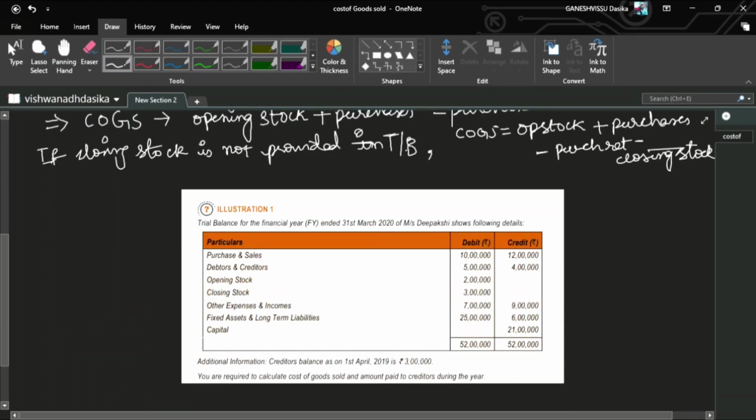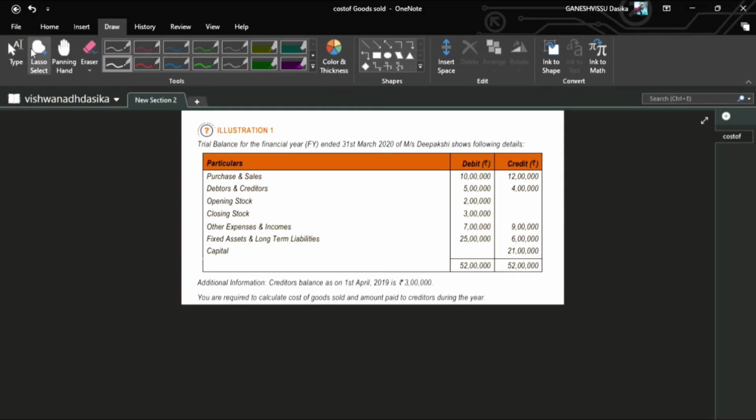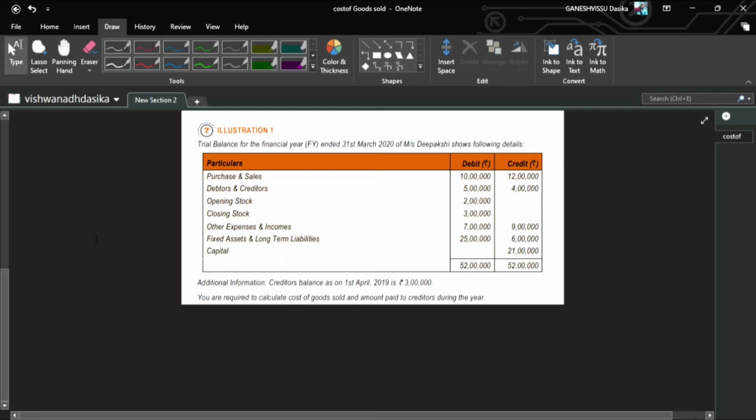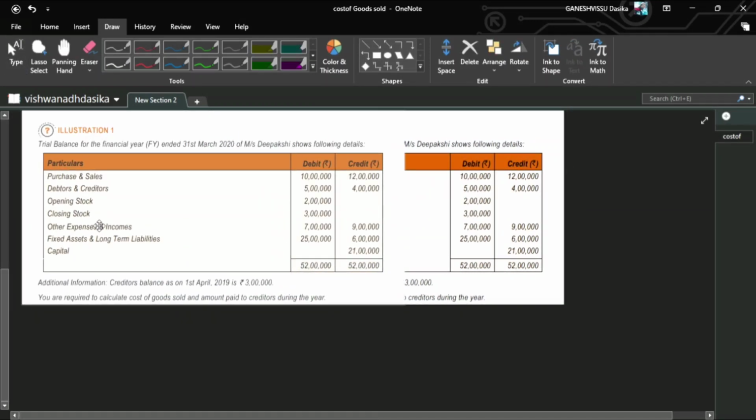With this knowledge, we are now going to solve the first illustration from the Institute of Chartered Accountants of India book, that is the ICAI study material. Let us see how we can solve the question.